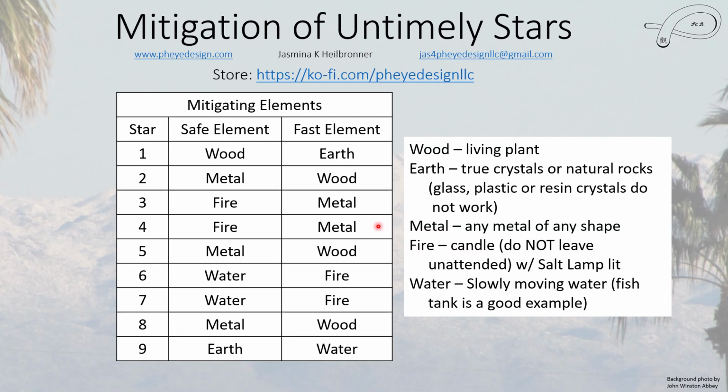Now, when we talk about using metal to weaken, this is the earth elements, the 2, the 5, and the 8. It can be any kind of metal, it doesn't matter what it is, any shape. What matters is the total mass or the total weight.